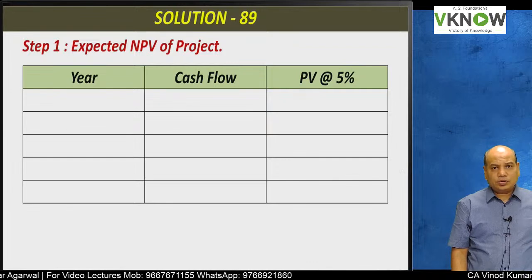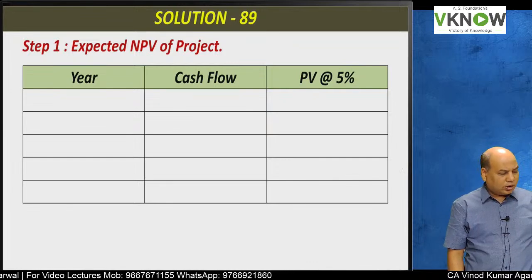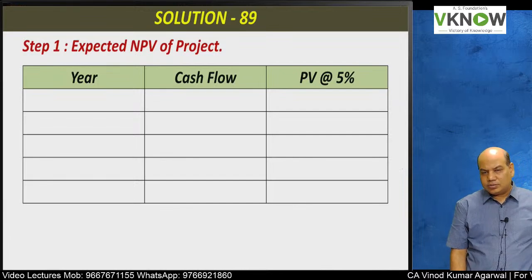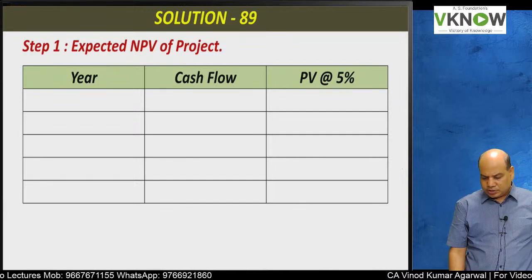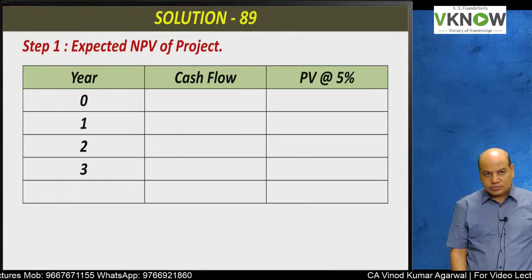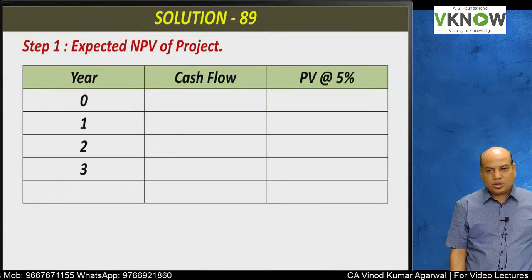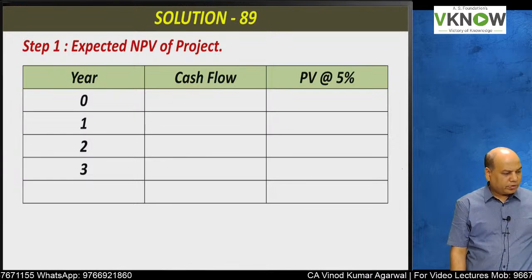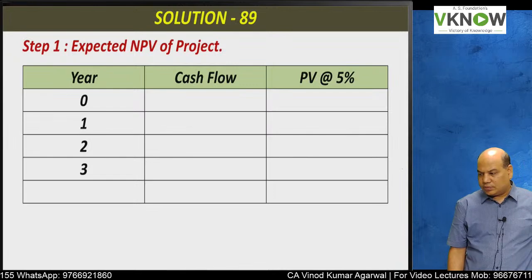Second column cash flow. Third column present value at the rate 5%. Year 0, 1, 2, 3.